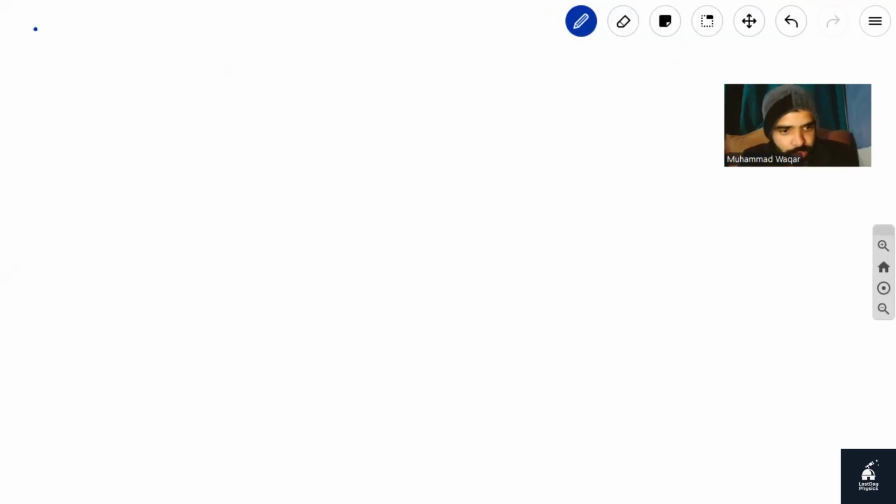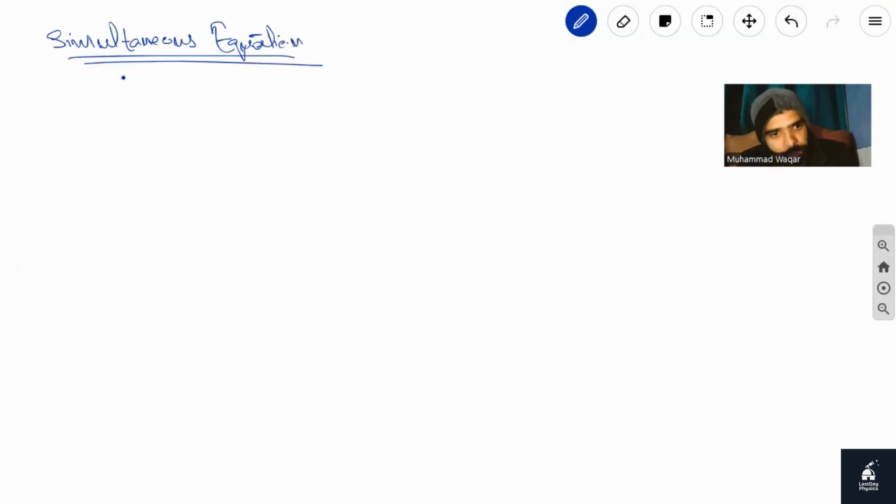So for simultaneous equations, as we did discuss, they are the set of equations having same number of variables.